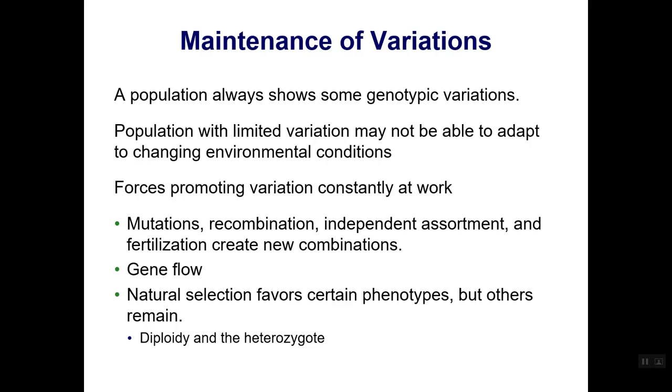It would be at random. Fertilization itself creates new combinations of genetic material. Some other examples of forces promoting variation is gene flow. We'll talk about what that is in a minute. But natural selection favors certain phenotypes, but others remain.